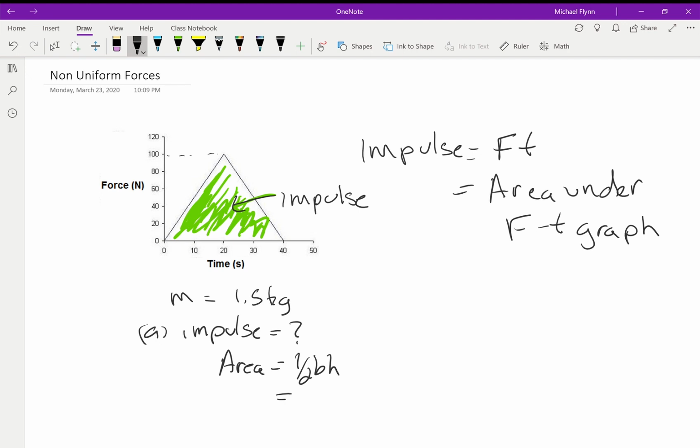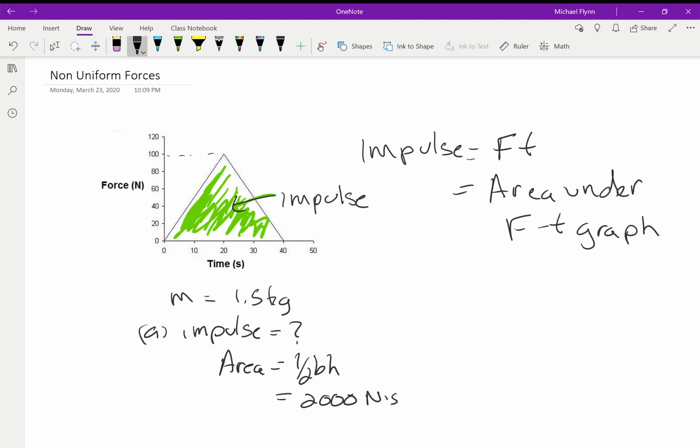So 20 times 100 is 2,000. The units are newtons times seconds, which is a typical unit of impulse: force times time. So the area underneath the graph is equal to the impulse, and we found that the impulse here is 2,000 newton seconds.